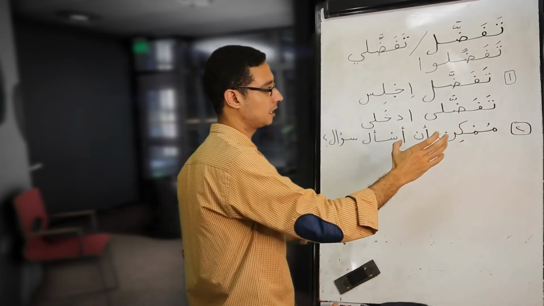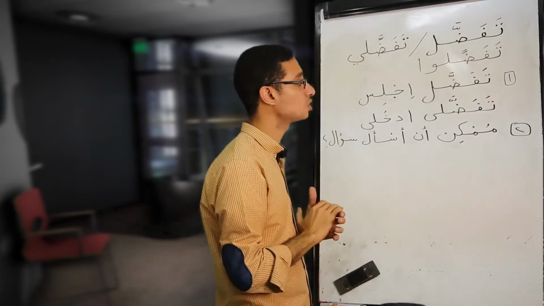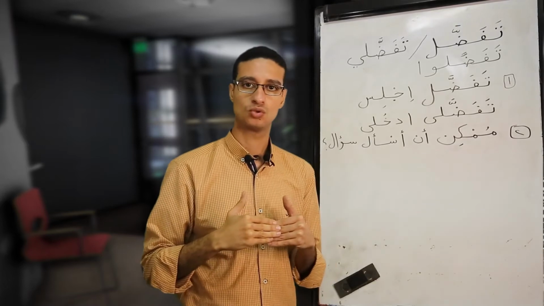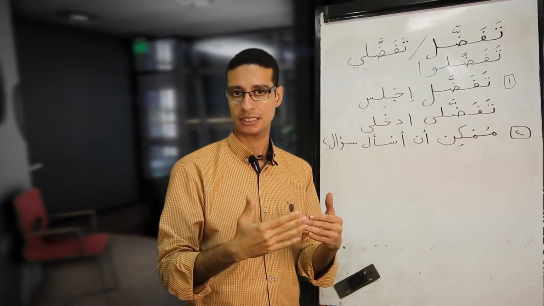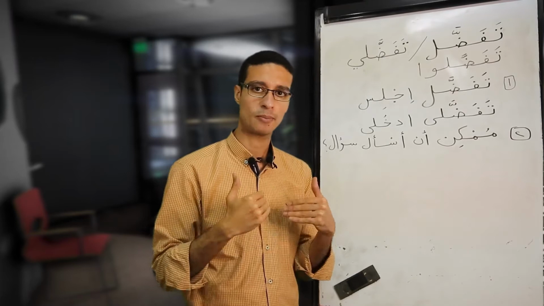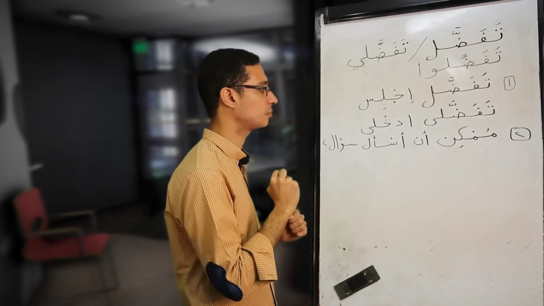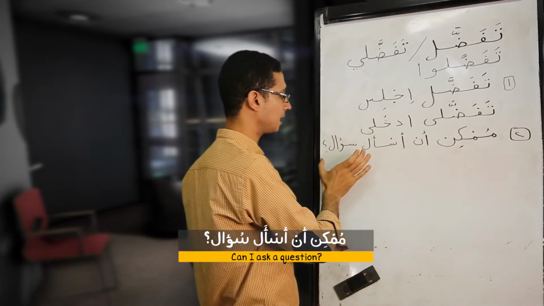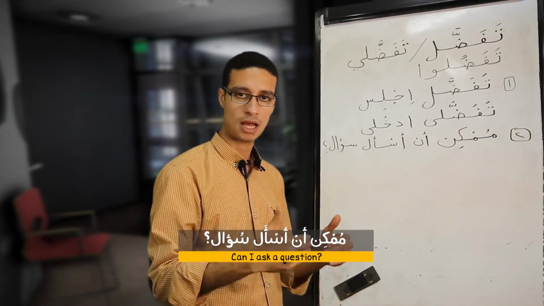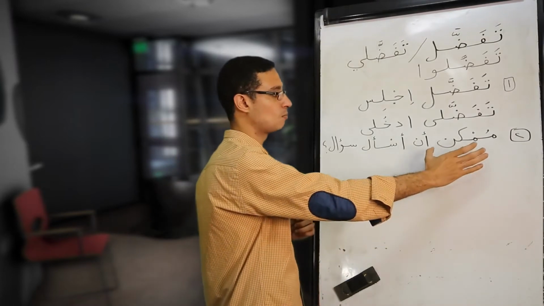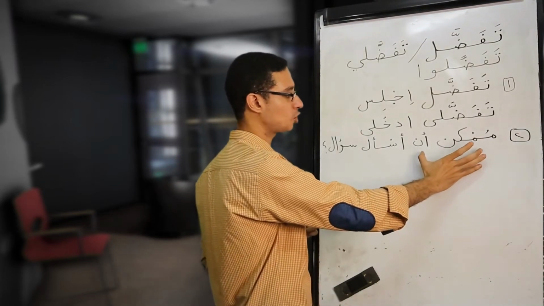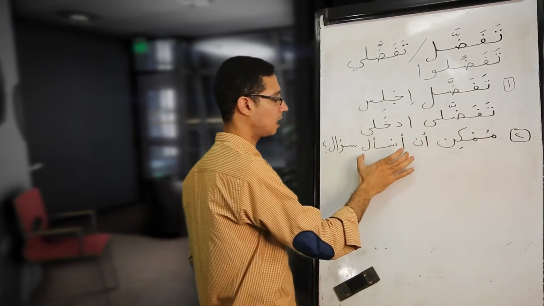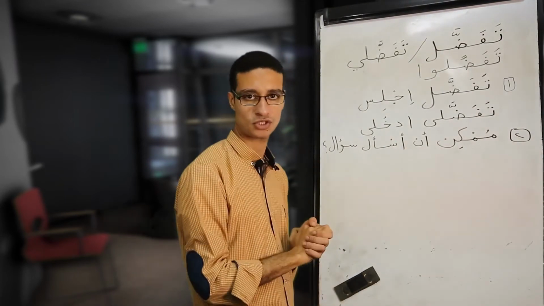The second way to use this word is to give permission or to accept something, to express your approval on something. So, for example, if someone is asking you, ممكن أن أسأل سؤال, can I ask a question? ممكن أن is it possible that, or can I? أسأل سؤال, أسأل I ask, سؤال question.